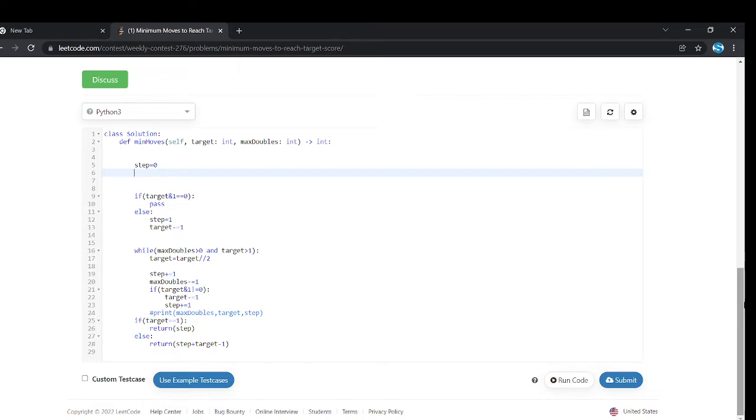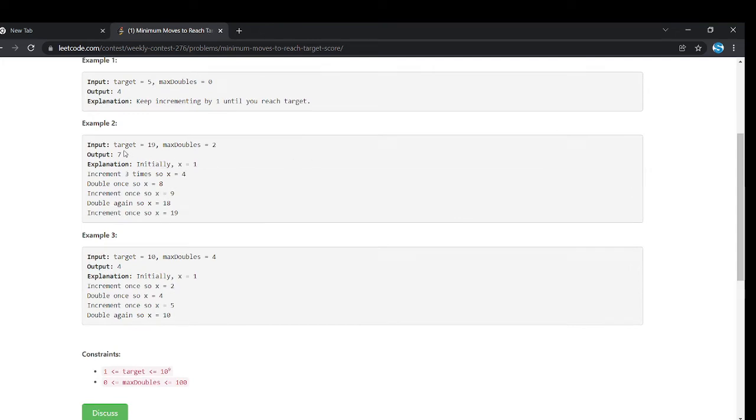For example, suppose in the second example itself, there is 19, and you still have a choice of taking two division operations. So you divide 19 by 2 to reach 9, and then you divide 9 by 2 to reach 4. So two steps have been done, and the double operation count has been reduced to 0. Now you can't use any division operation anymore.